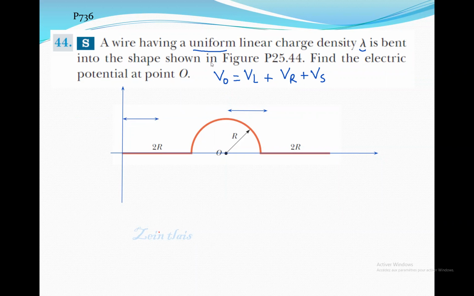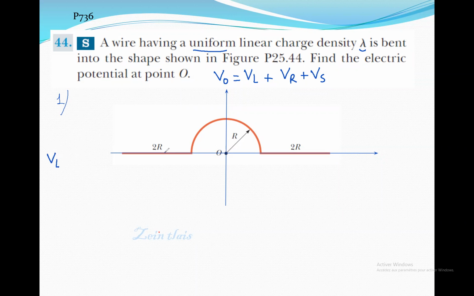I want to solve the problem with the two cases. First case, if we have the x first at this point, at the origin O. Here, first of all, I want to calculate V left.